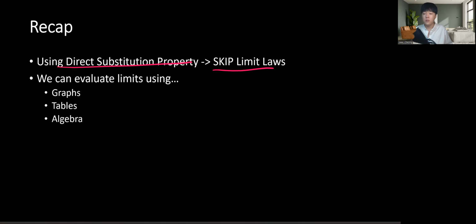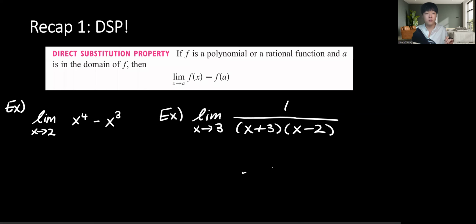Other than the direct substitution property, we learned how to evaluate limits using graphs, tables, and algebra. Those things are very important. So first one, DSP, the direct substitution property.